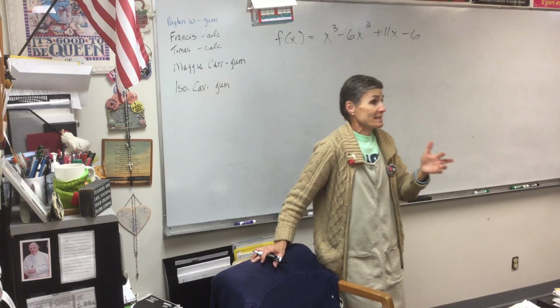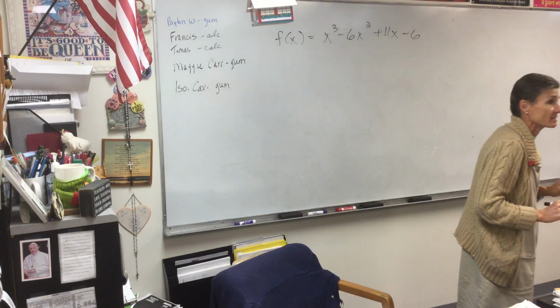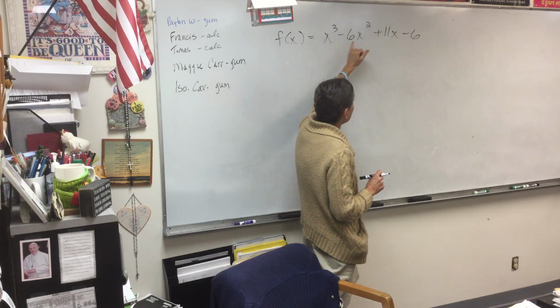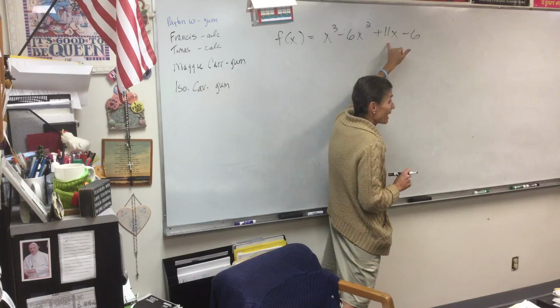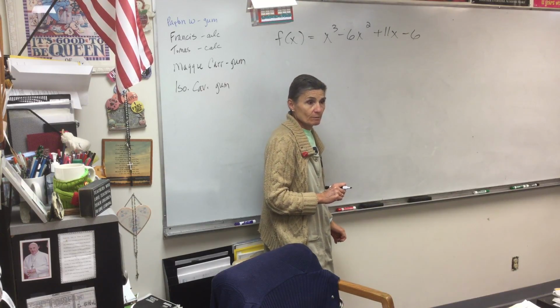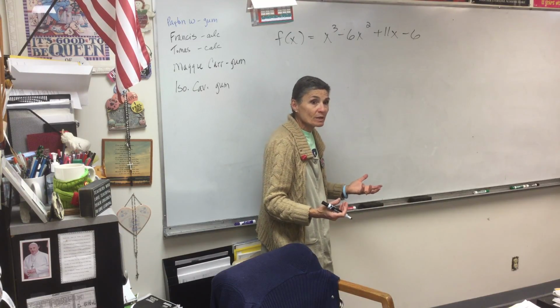Because if it groups, then I don't have to do all that guessing and synthetic division. But when I look at these numbers, a 1 and a 6 and an 11 and a 6, I'm not hopeful that it groups. It just doesn't look good to be grouping.